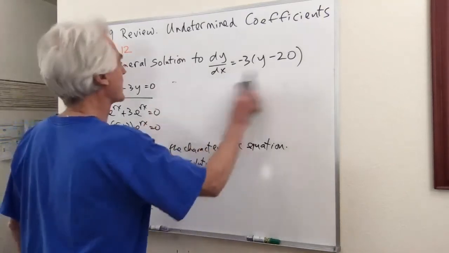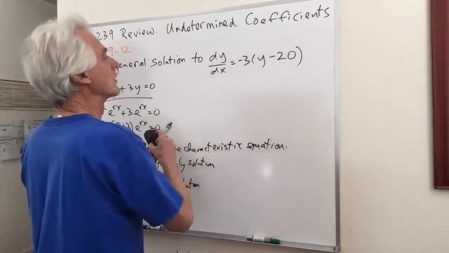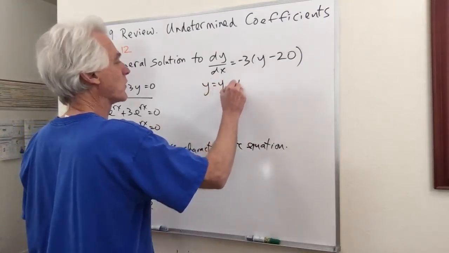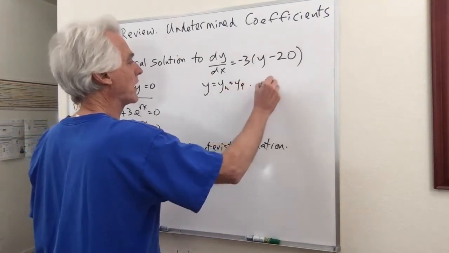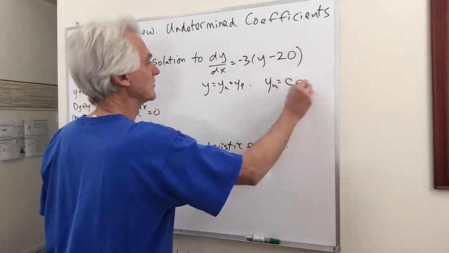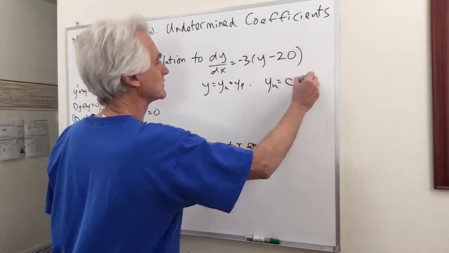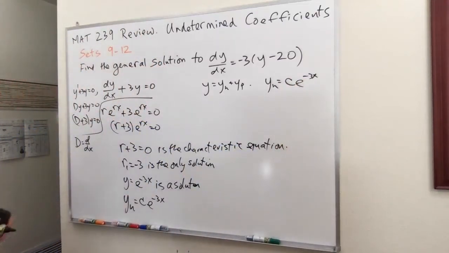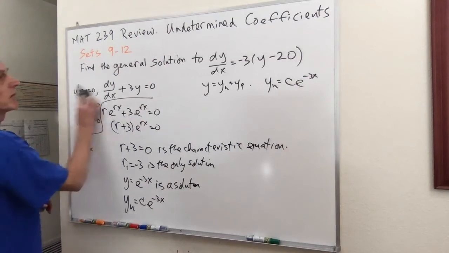So we get y is yh plus yp, and we found that yh is c e to the minus 3x. Okay, so we want to find yp now.